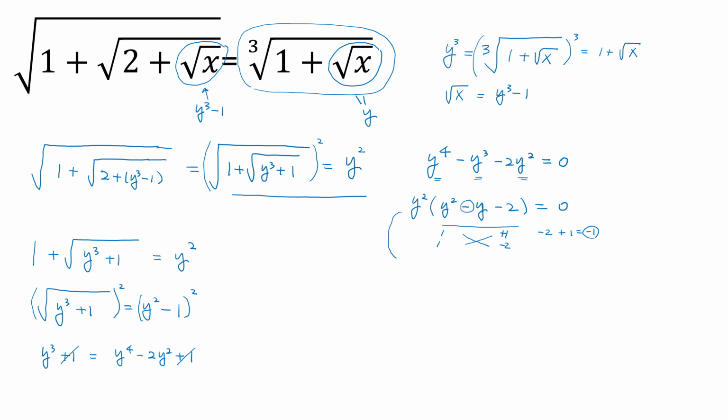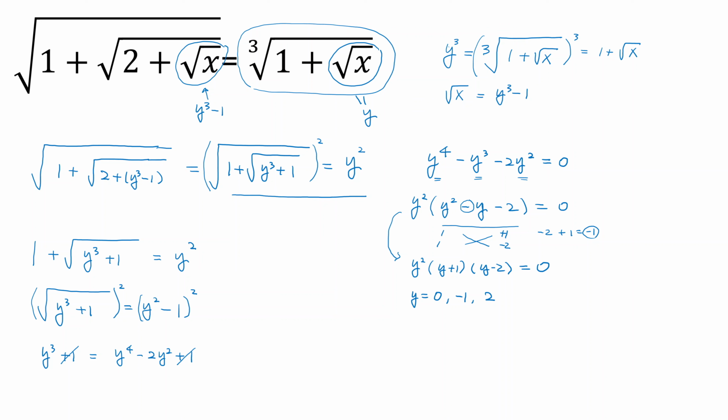The given relationship can be rewritten as y squared times y plus 1 times y minus 2 equal to 0. y can be either 0, negative 1, or 2. So we have 3 possible solutions. Then we can check which one is working and which one is not.